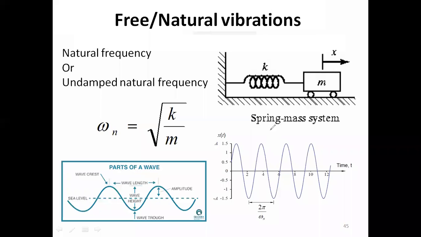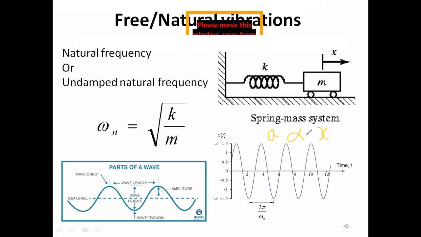So mathematically, simple harmonic motion means that acceleration is directly proportional to displacement x, the displacement of the mass, and there is a negative sign. The negative sign means that the acceleration is always directed to the mean position. So this is actually the definition of simple harmonic motion.